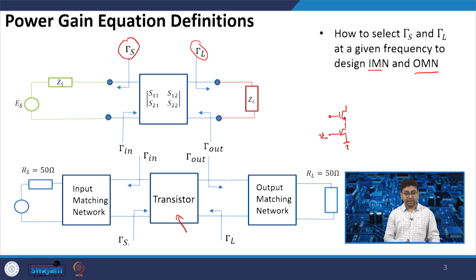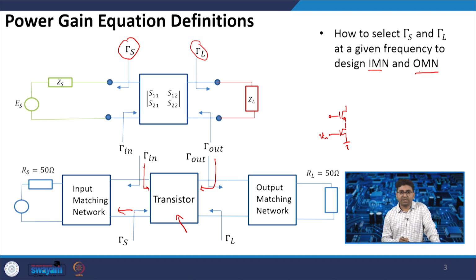This is gamma S, there is gamma in. Gamma S is on this side, so it will be something like this, and then gamma in. Gamma in is what you look at from this side, and gamma out is what you look at from the other side. What will happen when you find gamma in?